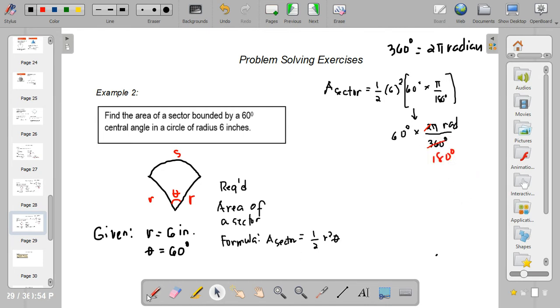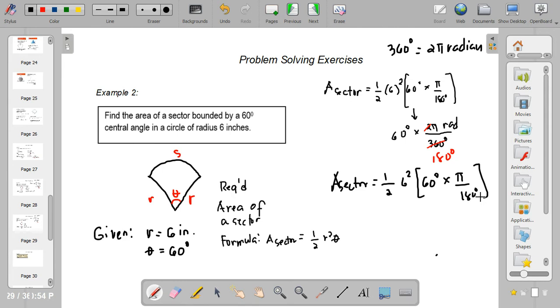All right. So using that equation, A sector is equal to 1 half times 6 squared. Tapos, susulat lang tayo ulit, no? 60 degrees times pi radian over 180 degrees. So, when you say radian, that is unitless, no? Wala siyang unit.